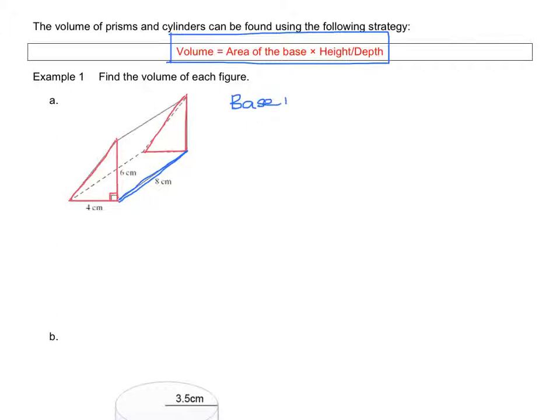So we're going to take the area of the base, in this case a triangle. The area formula for a triangle is base times height divided by 2, and we're going to multiply that by the depth of this figure.